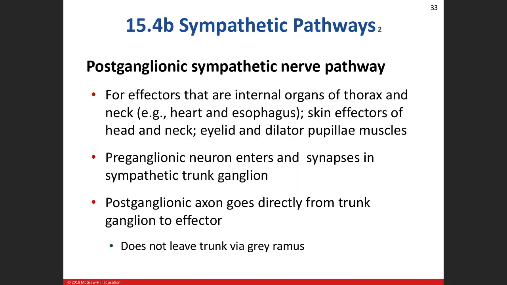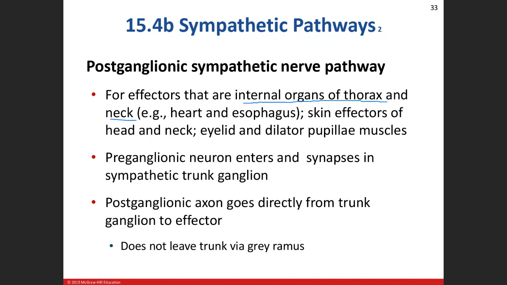Now we've got our postganglionic sympathetic nerve pathway. First we have to see where this is occurring. The effector organs are going to be the internal organs of your chest and neck. So that is going to be like the trachea, any of the smooth muscle glands in there, heart, esophagus, all that.